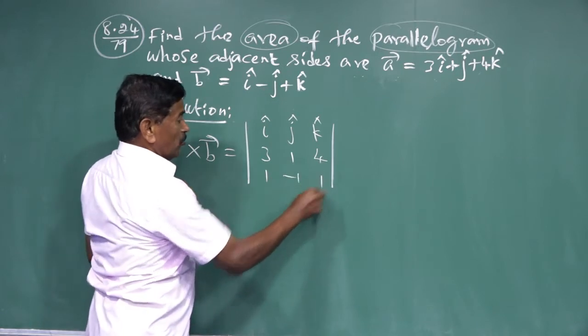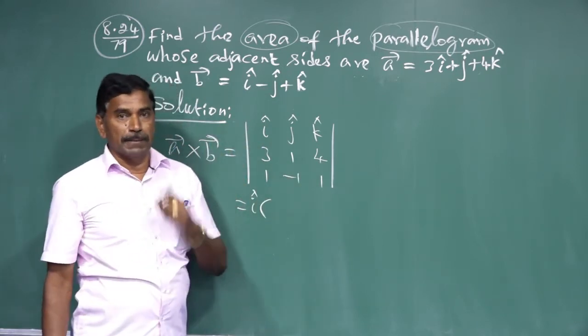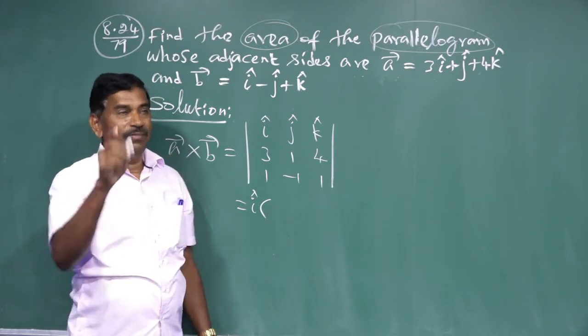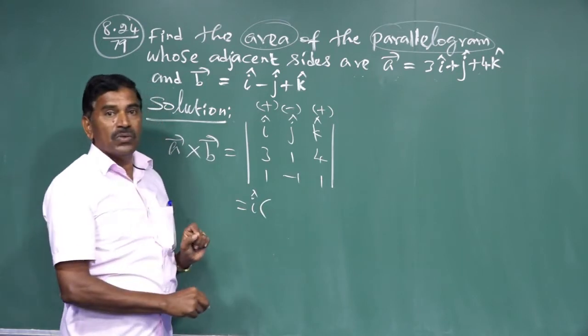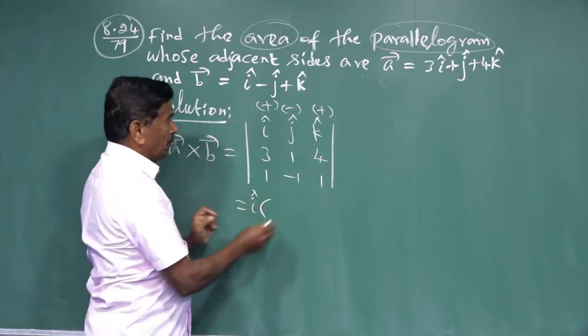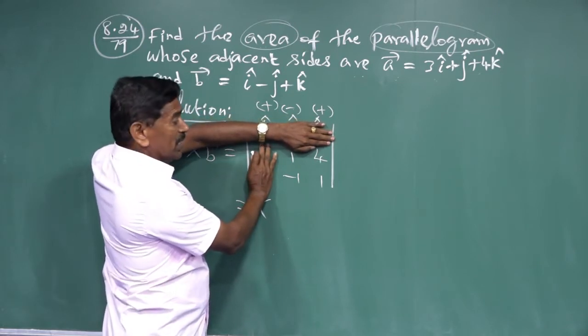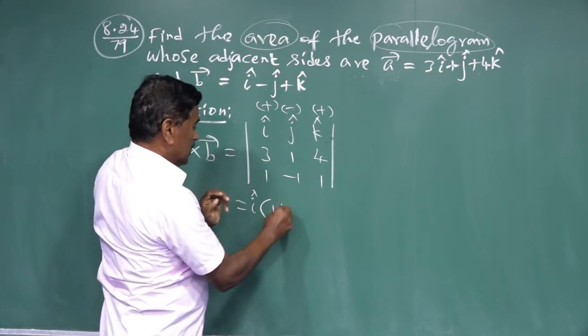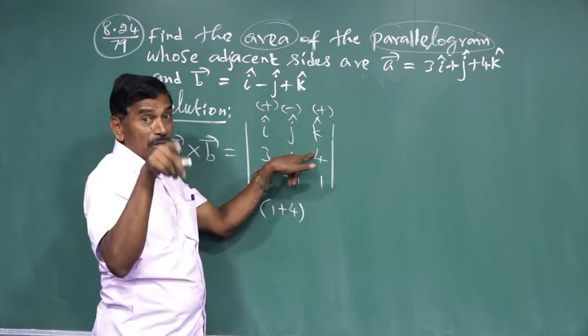Which is equal to i cap into the usual expansion. Very good, the signs are plus, minus, plus. Now, plus i cap into, forgetting its respective row and column, what is your answer? Cross multiply: 1 plus 4, because in this direction we already have 1 minus.